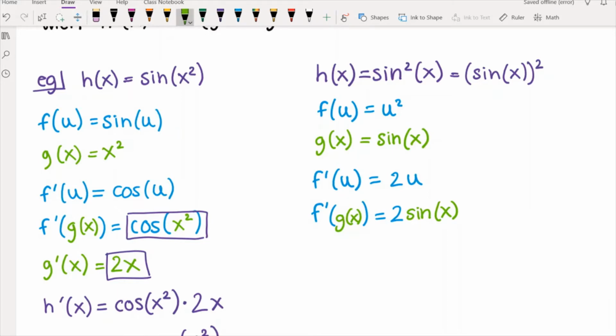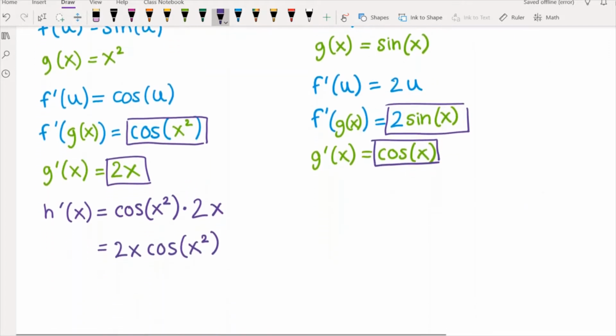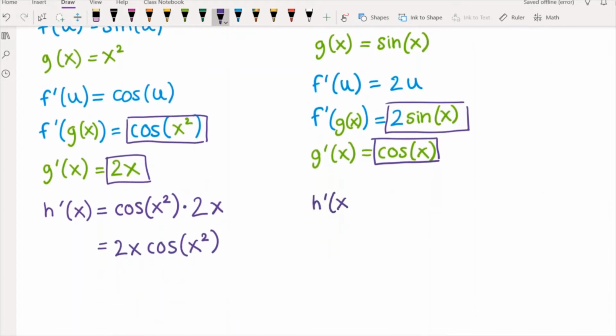And then our inside derivative in this case is the derivative of sine of x. So what's the derivative of sine of x? It's cosine of x. And so we're going to multiply these two things together to get our final answer.